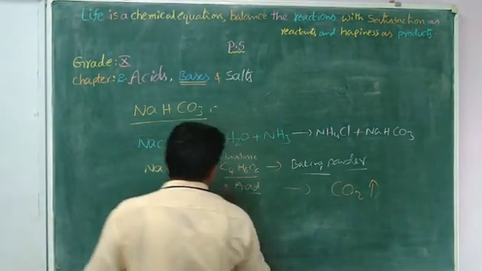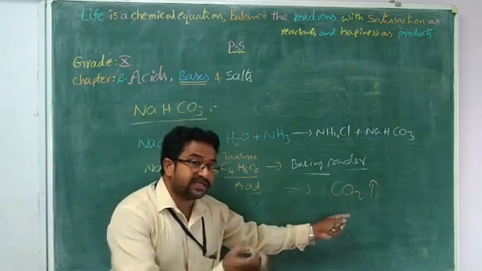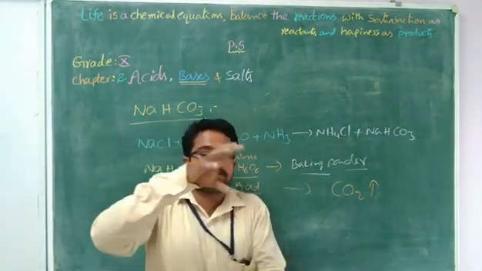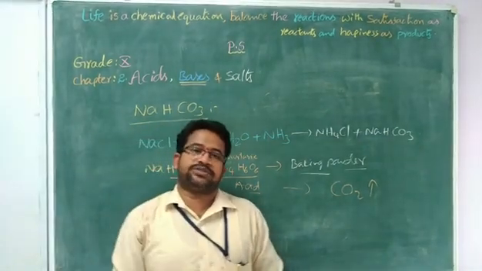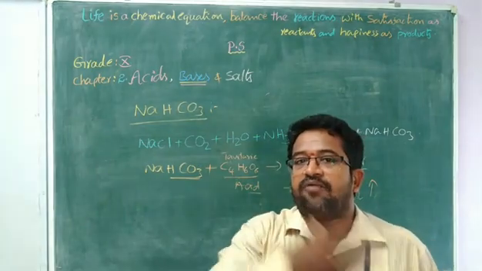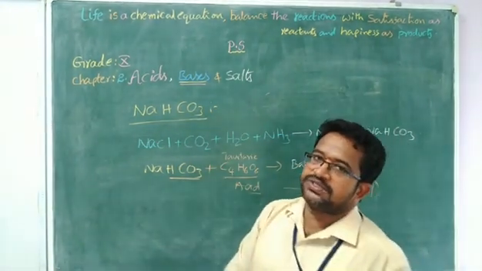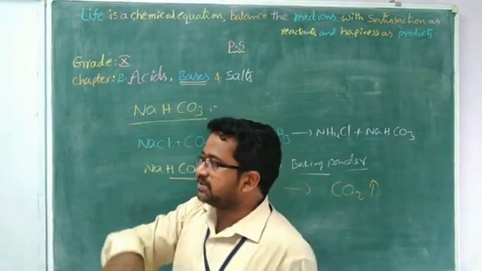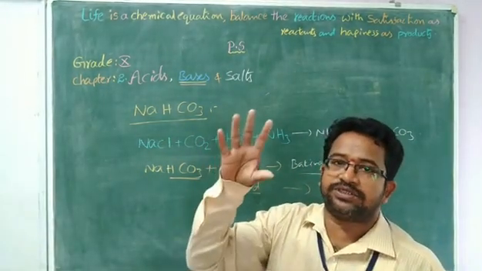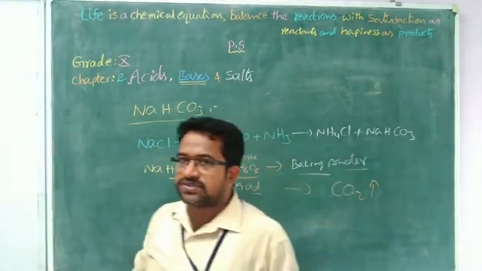Right. Sodium bicarbonate is treated with acid and carbon dioxide is released. The released carbon dioxide will make the substances soft and spongy. The bakery items are soft and spongy because of the release of carbon dioxide. Don't forget two more questions. How are the bakery items so soft and spongy?